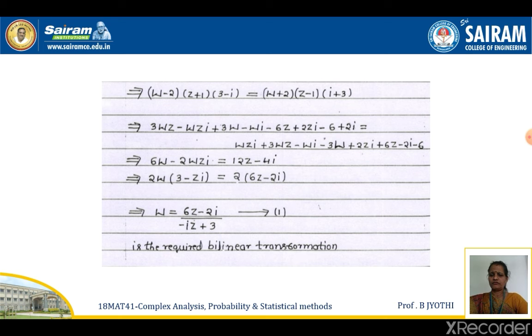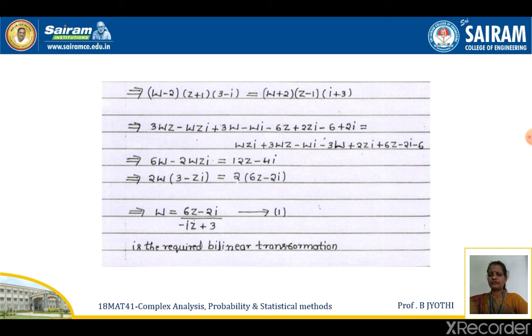Then what we are getting is 3 minus Zi, and here in the right hand side 6Z minus 2i. So the required W, or the required bilinear transformation, is given by (6Z minus 2i) divided by (minus iZ plus 3). So this is the required bilinear transformation.